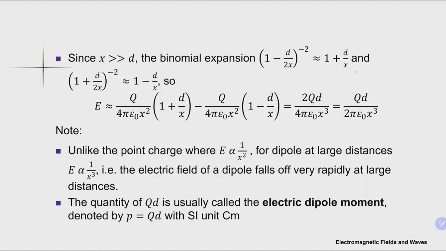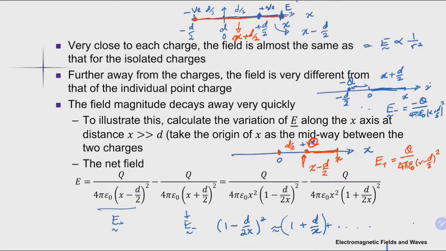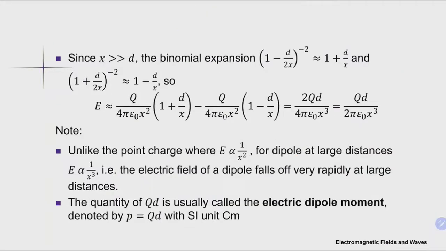Okay, so that's my binomial expansion for (1 minus d over 2x) to the power of minus 2. And therefore, we can simplify the equation by replacing it with the binomial expansions.